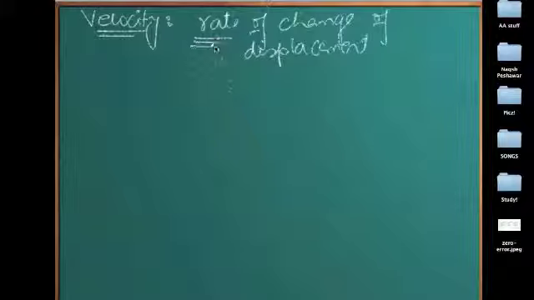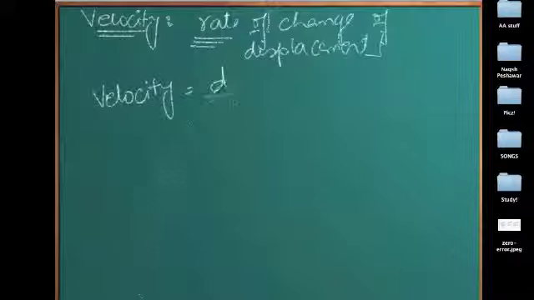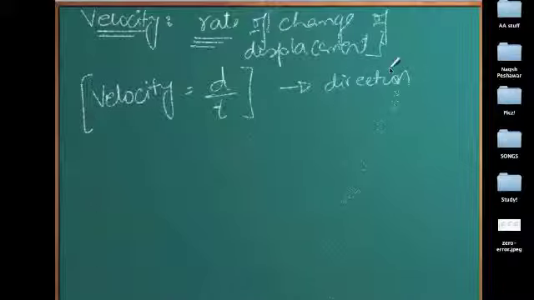This word rate means that the change in displacement, this entire thing will be divided by time. Whenever you see rate, you should always understand that time is being introduced here. So velocity again has the same formula, distance divided by time. It has the same formula, but the direction is of importance.